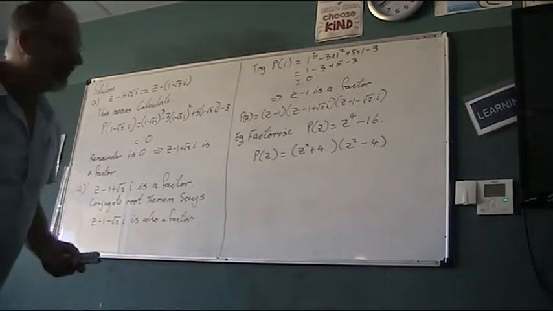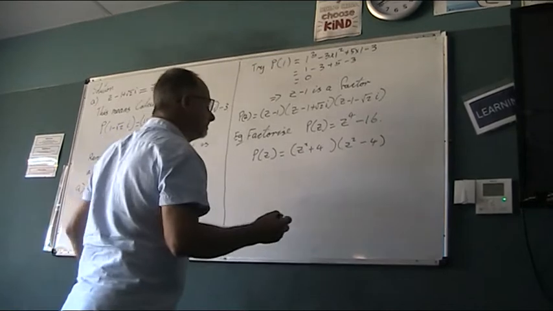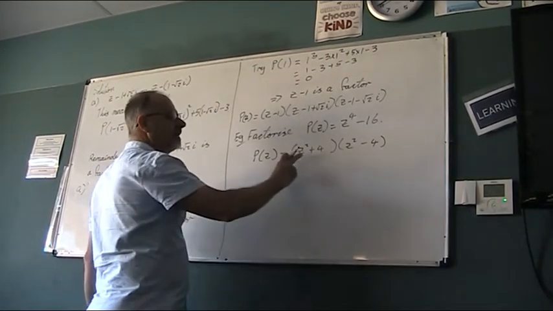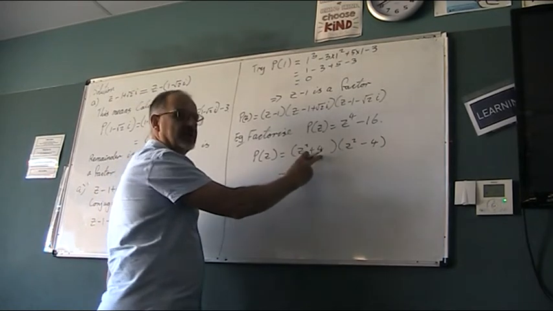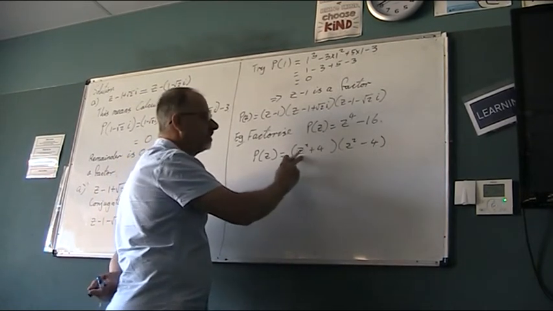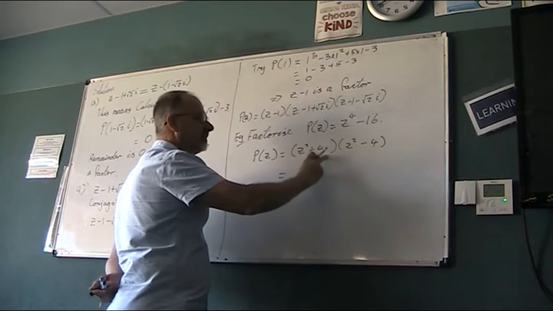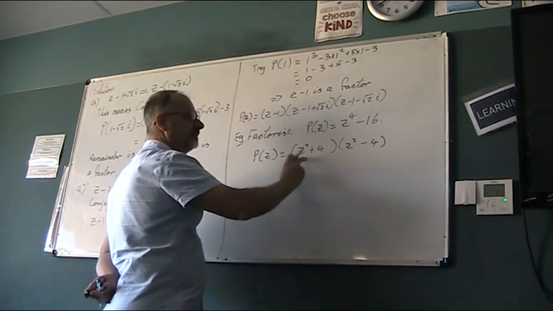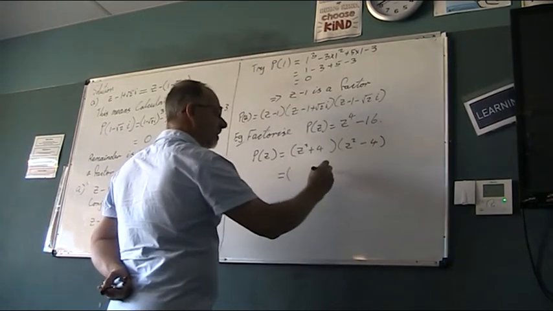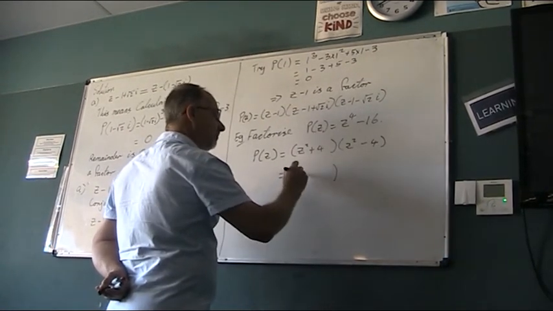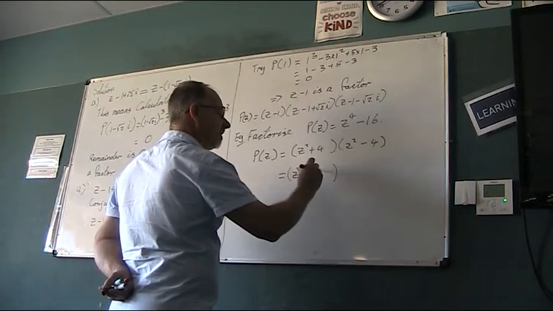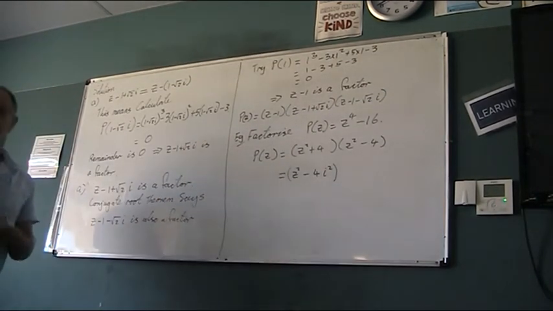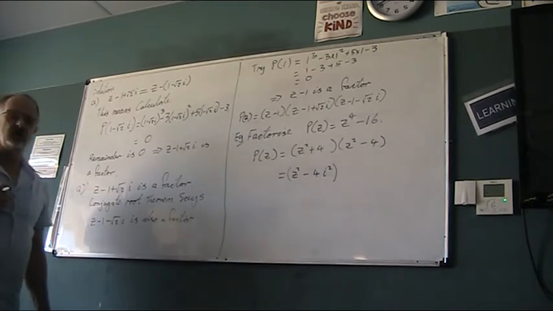Now because we have complex numbers available to us, something like this z squared plus 4, in the past in methods we wouldn't factorise that, we'd leave it. But because we've got complex numbers, we can factorise that if we change the positive to a negative and put the i squared in there.